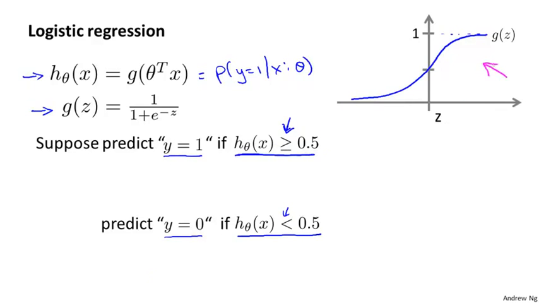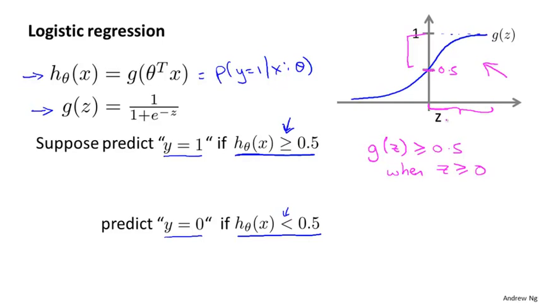If we look at this plot of the sigmoid function, we'll notice that the sigmoid function, g of z, is greater than or equal to 0.5 whenever z is greater than or equal to 0. So it's in this half of the figure that g takes on values that are 0.5 and higher, right? Because this notch here, that's the 0.5.